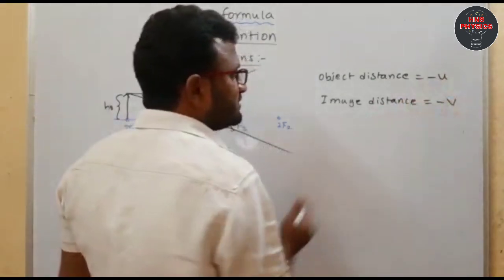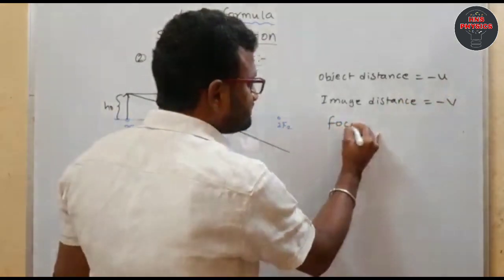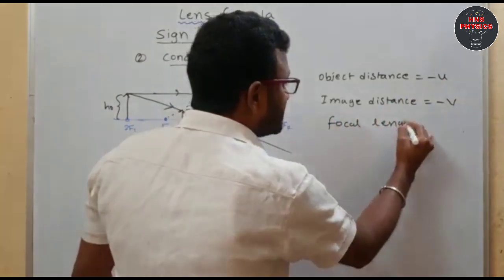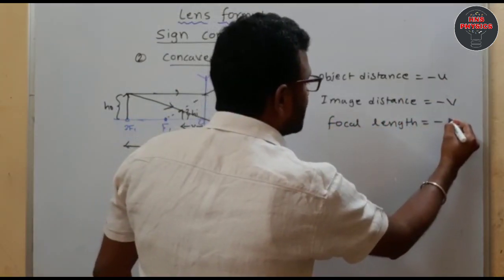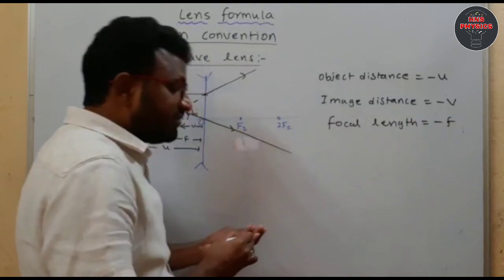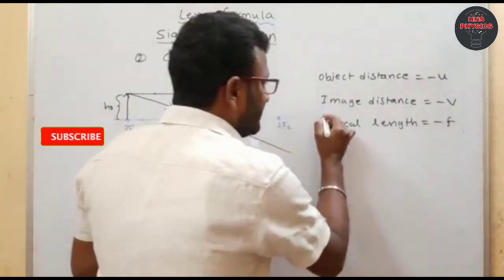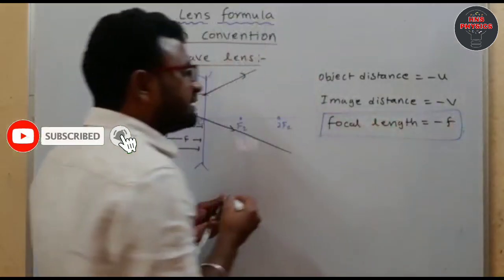Focal length is negative for a concave lens, but for a convex lens it is positive. Very, very important.